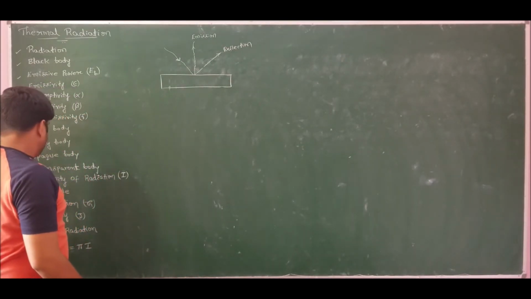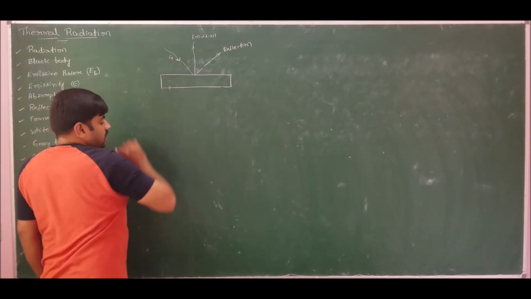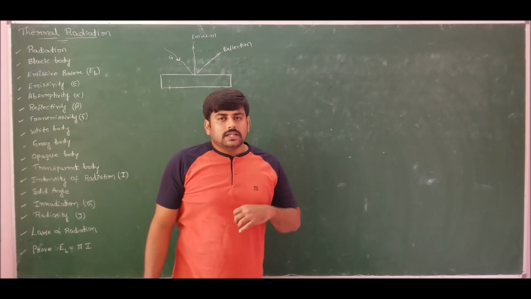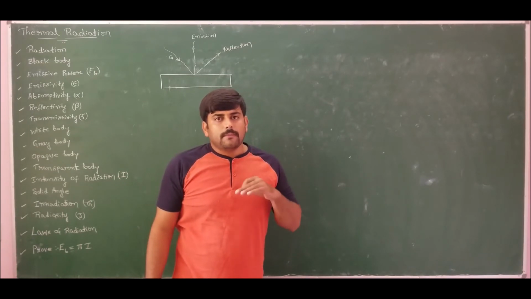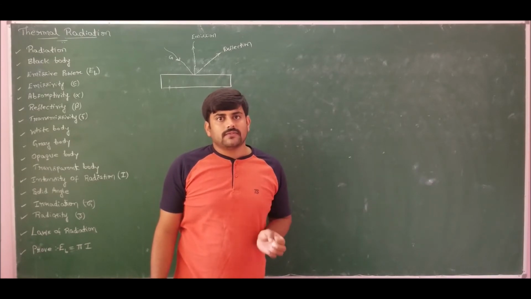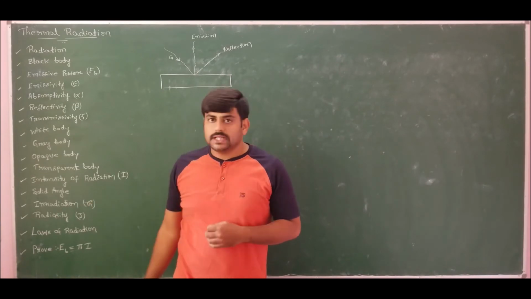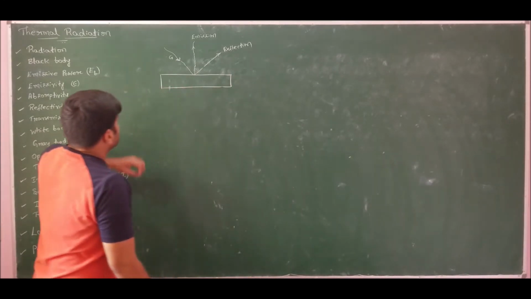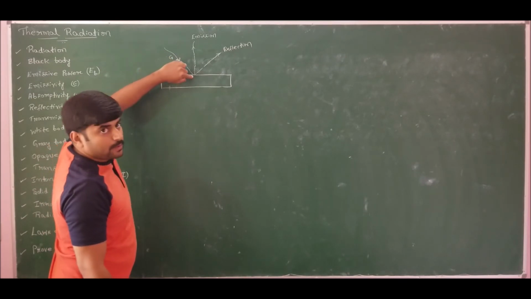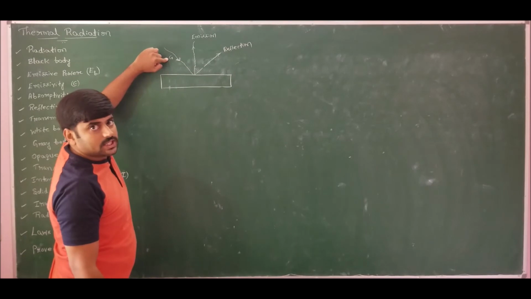Now, irradiation is defined as the amount of radiation that is incident on a surface per unit area per unit time. This is denoted by G. So this is the amount of radiation incident on a surface measured per unit area per unit time, which is defined as irradiation.